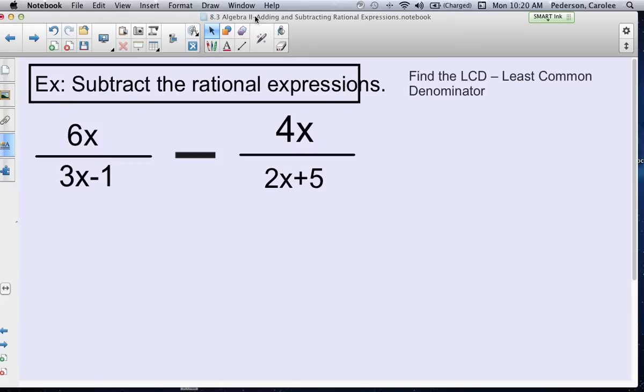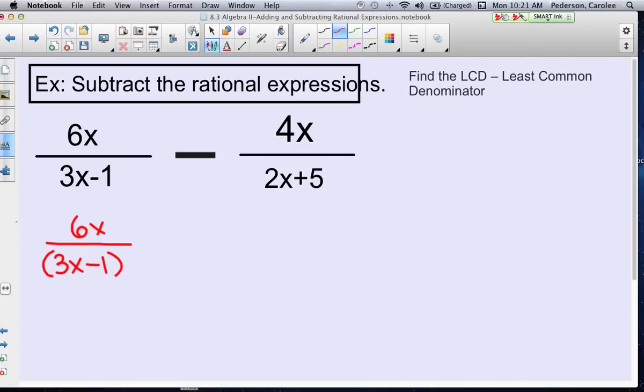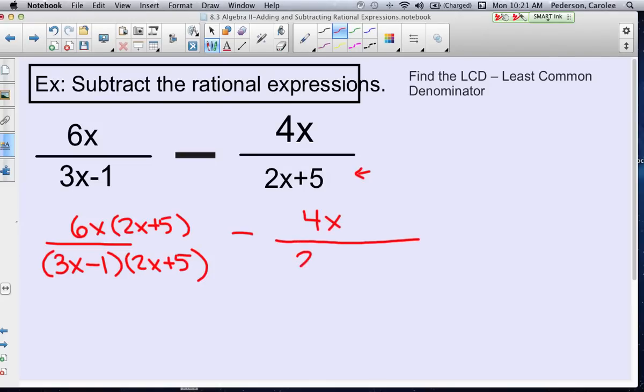So the first fraction, I need to multiply the numerator and the denominator by this 2x plus 5. And then the fraction on the right, I need to make those to be alike with the left. So I need to multiply it by 3x minus 1.